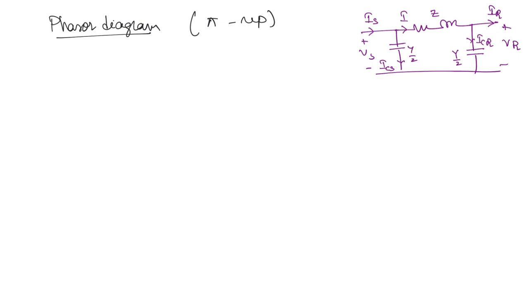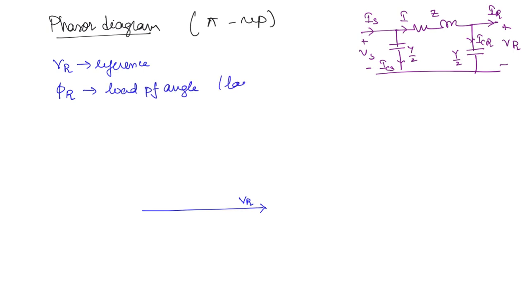Here also, just like in T, we will take VR as the reference. So VR is going to be a horizontal line like this. And we will take the load power factor angle phi r. Here we will take it as lagging. Usually the loads are lagging. You can try out the leading loads as well. So at an angle phi r, we will take the receiving end current IR.